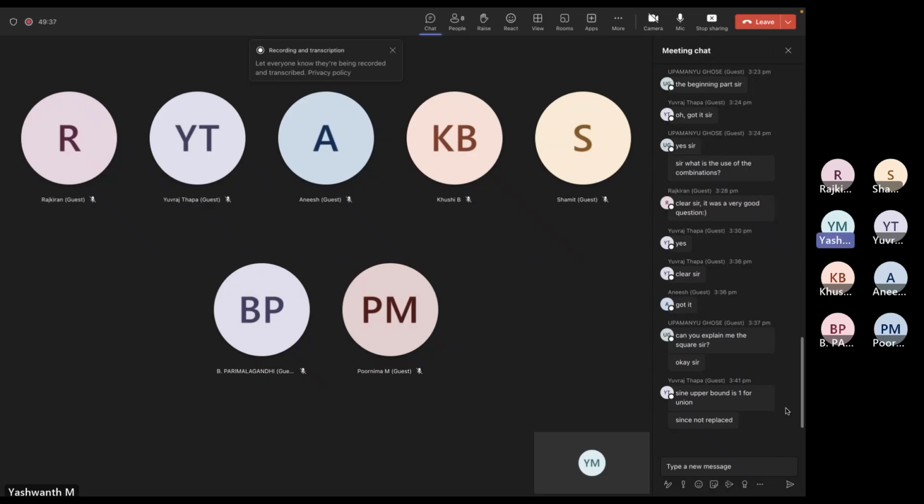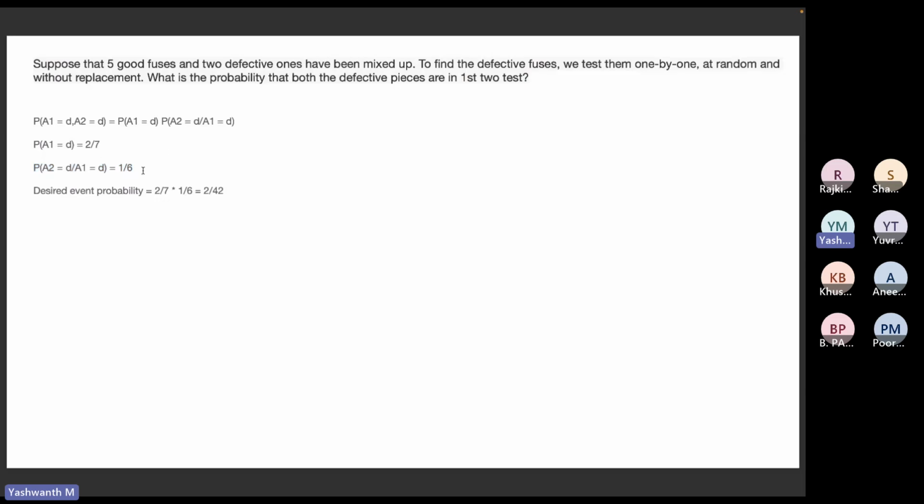Because they are not replaced, sorry. The total number of fuses here: out of 7 there are now 6, and your first outcome dictates that you have already drawn one defective one, and only one more defective one is remaining.